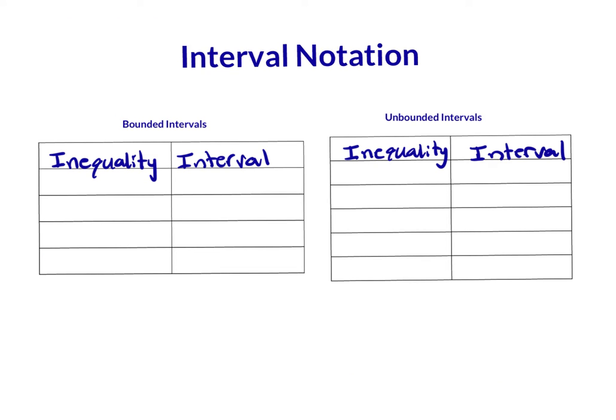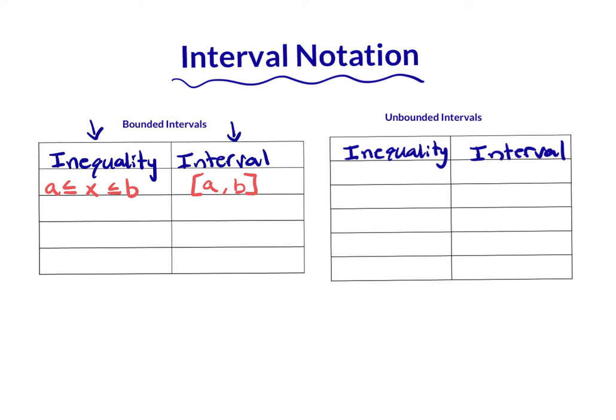All right, the last part of this lesson, we're going to look at interval notation. We'll be converting inequalities into a new notation called interval notation. If I have an inequality, let's say a is less than or equal to x, which is less than or equal to b, another way to write that same thing is from a to b with brackets.